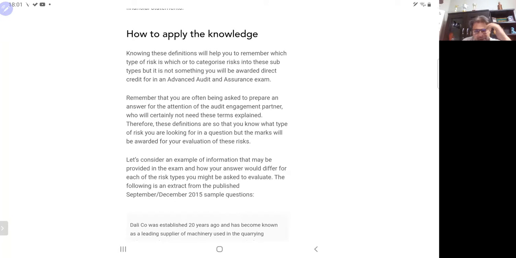Remember that you will be asked to prepare an answer for the attention of the audit engagement partner, and the partner already knows what audit risk and business risk are. So these definitions are only given to you to recognize which type of risk you are dealing with in a question.